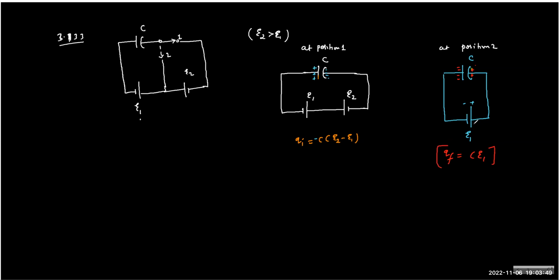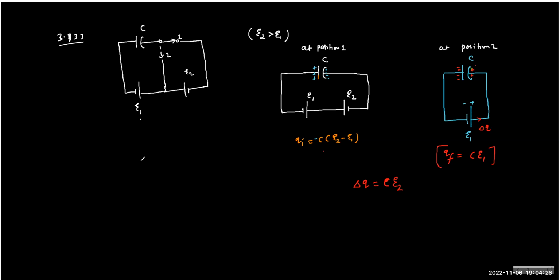So earlier the plate had this much charge, now it is plus CE1. So how much charge must have flown to achieve this new configuration from the old configuration? Tell me, guys. So delta Q is how much? CE2. Very good, that is the right answer, CE2.